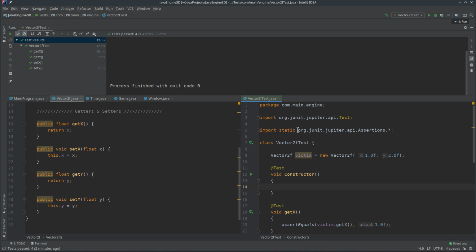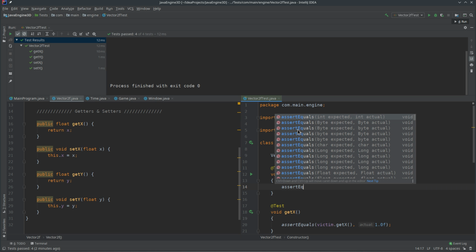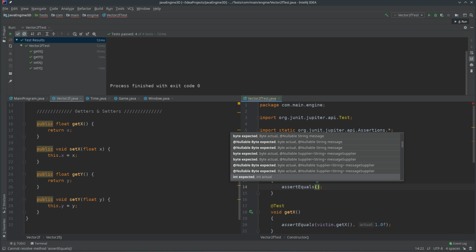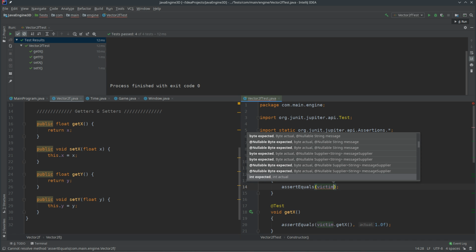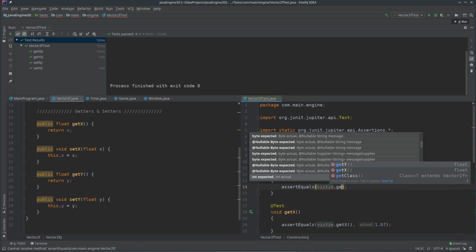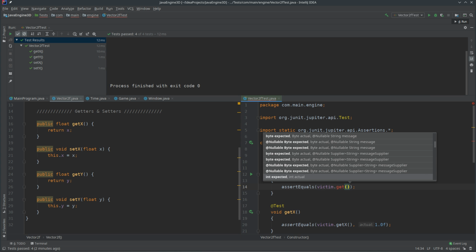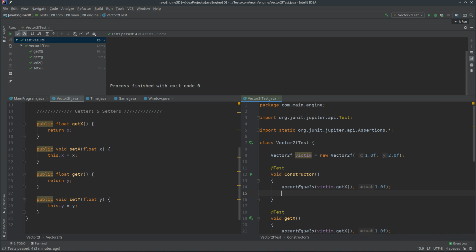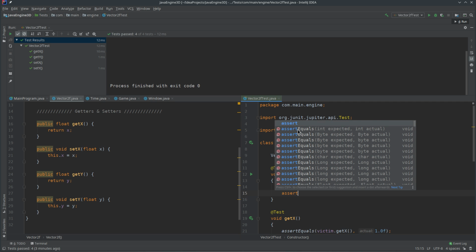So what we need to do is set equals, and it will be victim dot get x, comma, what have we put it to, 1.0f, and assert equals.